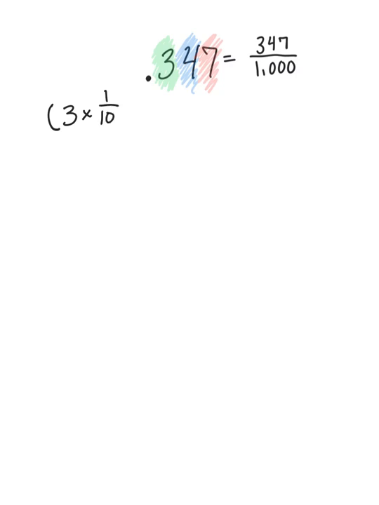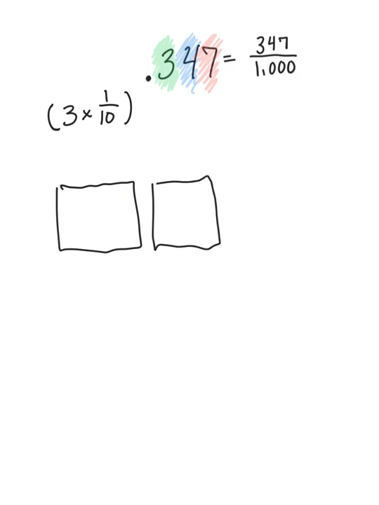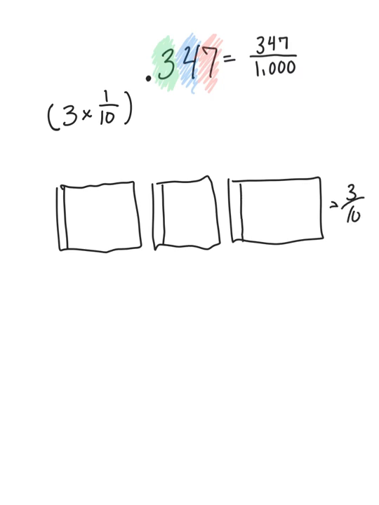So this is essentially saying if we took 3 wholes, and we can represent that with a whole unit just the way we always do, if we took 3 wholes and multiplied them by 1/10 each, we would have a value of 3/10. And that makes sense because that is the value of this place value position here, 3/10.